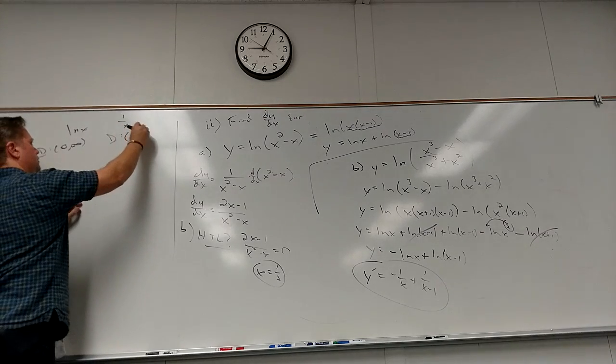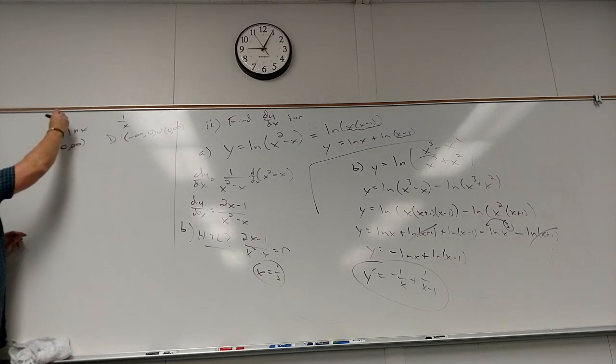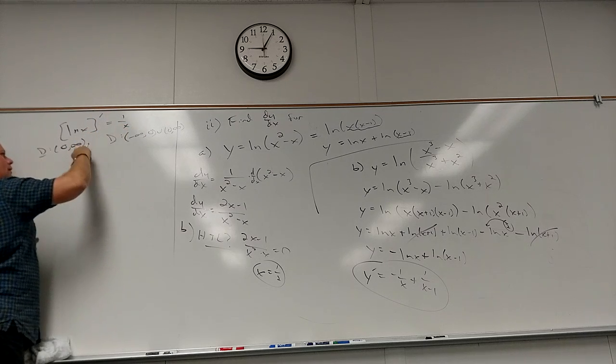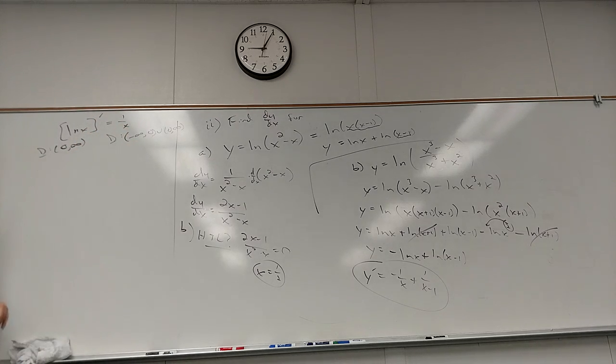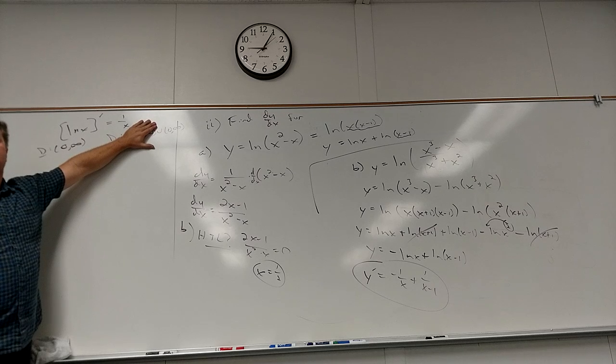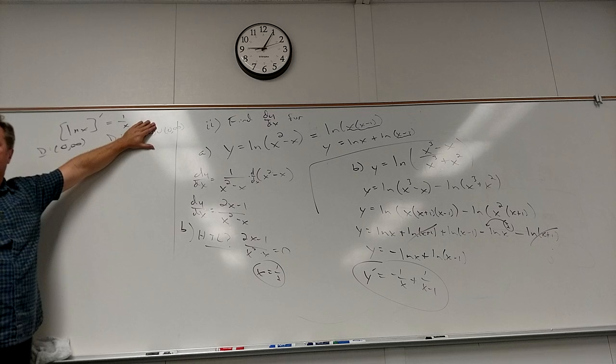What's the domain of this one? Yes, negative infinity to 0, 0 to infinity. So do you see how there is a problem with saying that this function's derivative equals this? The domains don't really match. So the domain of your answer has to be just that, because it came from a function that doesn't exist for negative x's.